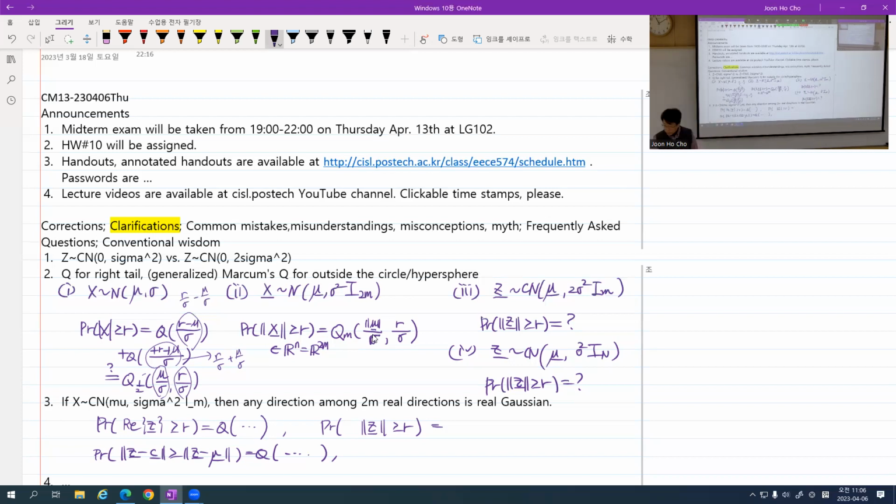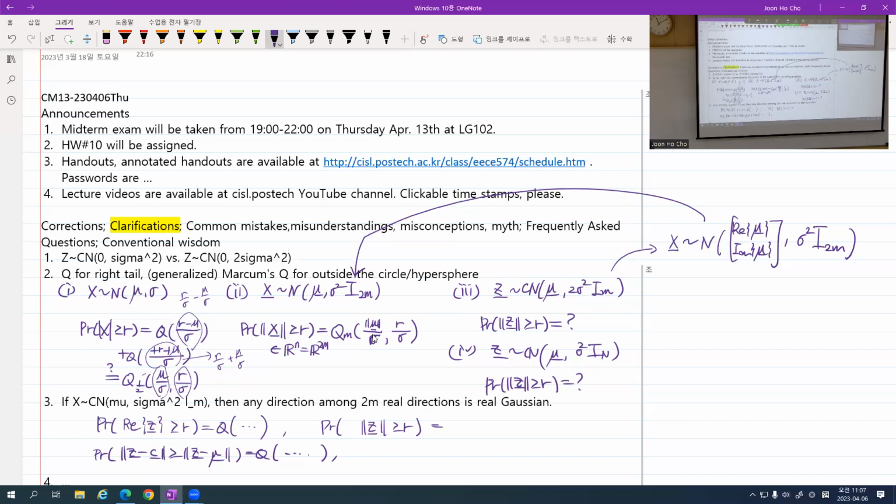You can convert this to x, a real Gaussian, with real of mu and imaginary of mu. And then what is the covariance matrix? Sigma square I sub 2m.